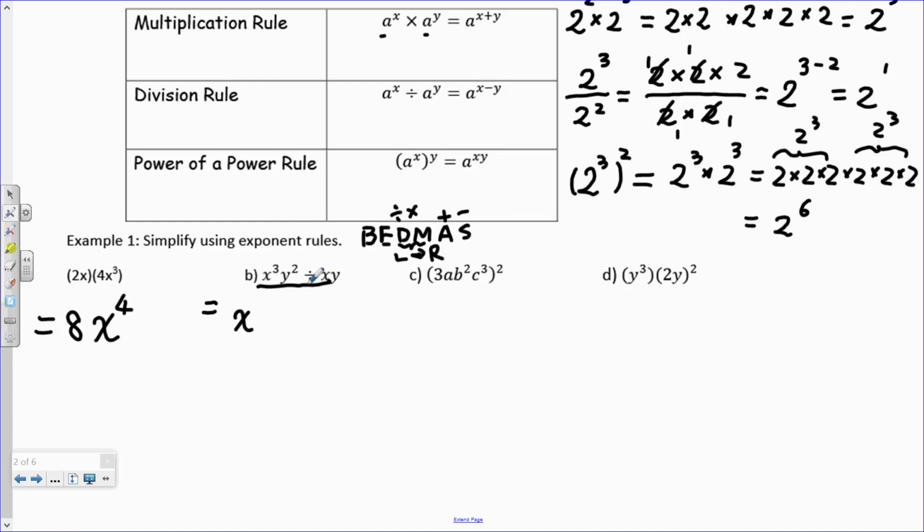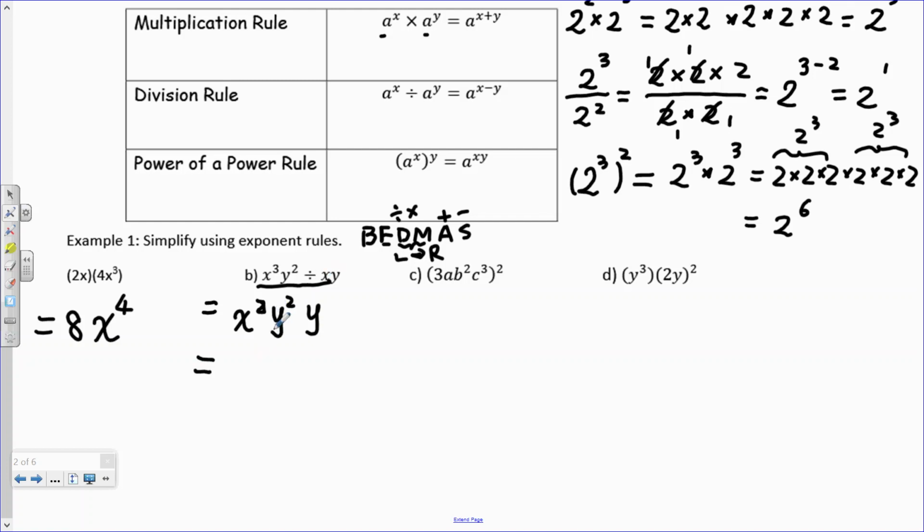You can only combine the same base, the same variable. So 3 minus 1 gives you 2. Then y squared, we don't change. Then this is multiplication, this is y again. It's not divided by y, only divided by x.